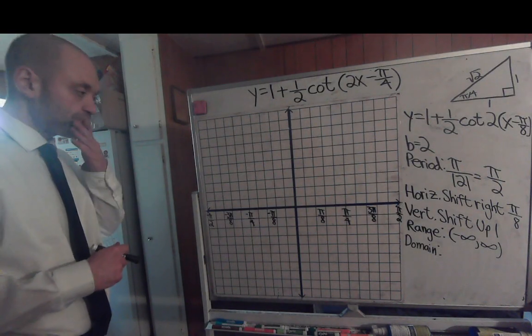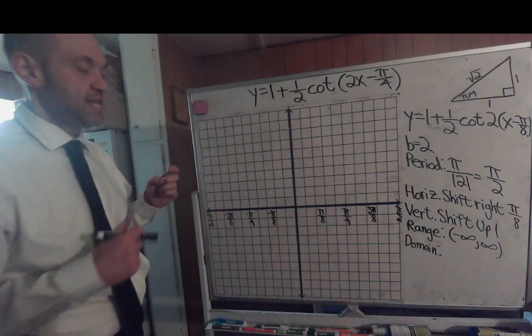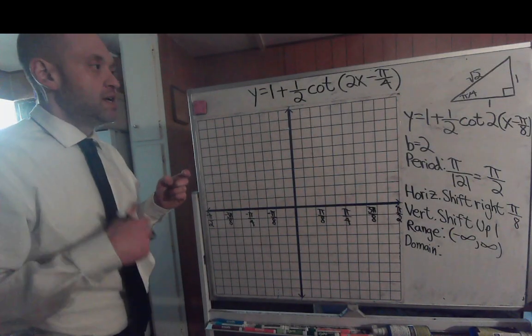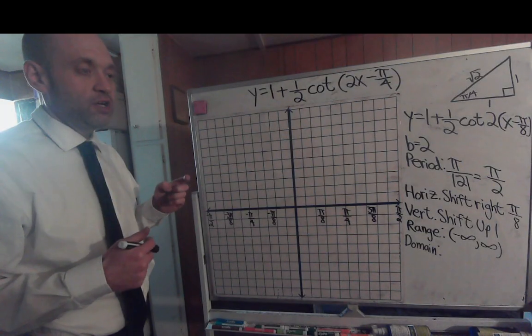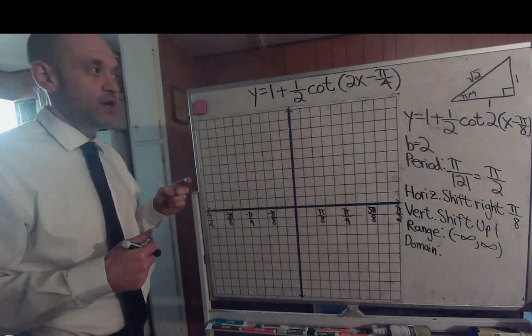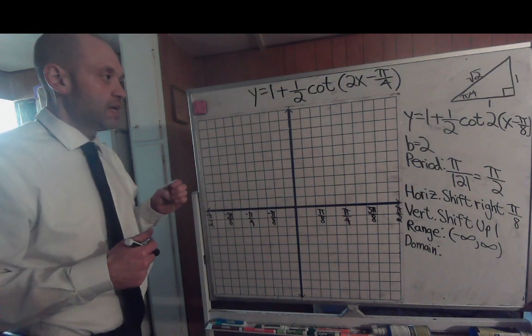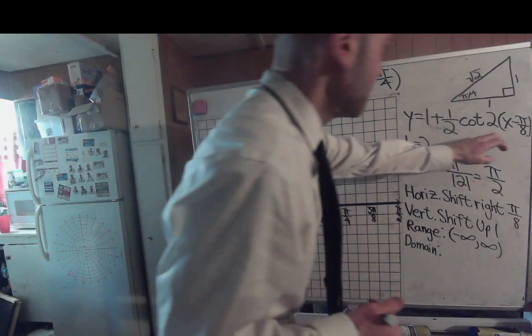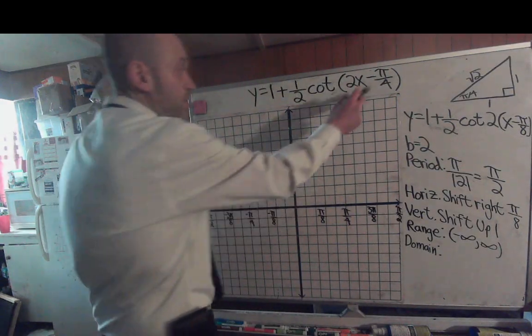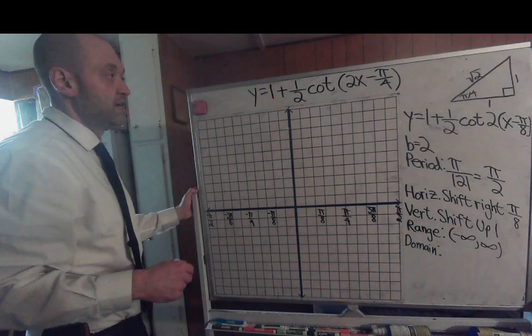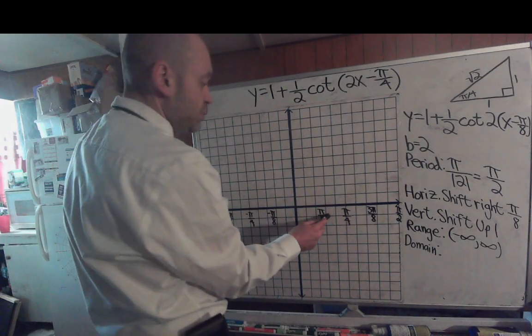Well, what is a normal asymptote of the cotangent? Definitely 0, right? But if I put in 0, I'll get the cotangent of negative pi over 4, which is defined. But what if I put in pi over 8?